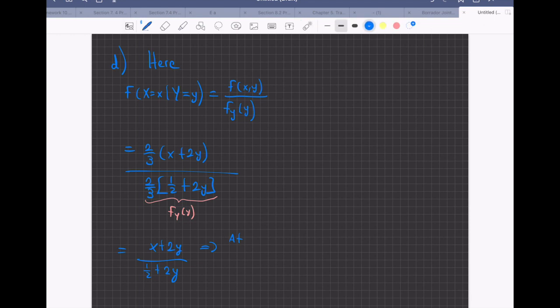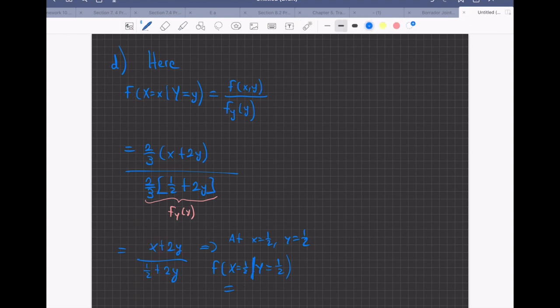x equal to 1/2, y equal to 1/2. So we have the value of the density, f of x equal to 1/2 given that y is equal to 1/2, is equal to substituting 1/2, 1/2, and 1/2.